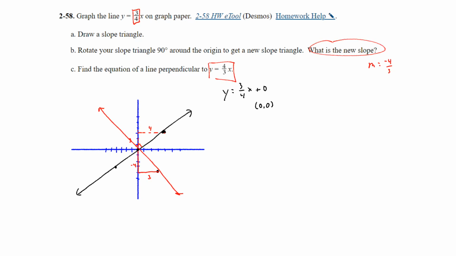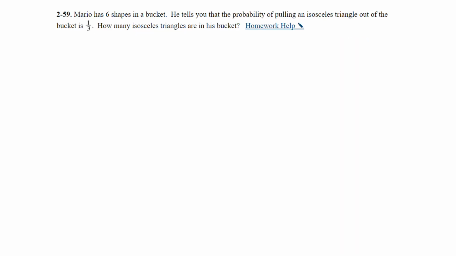Once we rotated it 90 degrees, which was perpendicular, we got negative 4/3. So if we want to find the equation of a line perpendicular to this one, then we know y is equal to opposite reciprocal, and then your b value can be whatever you want it to be. If it's perpendicular, it doesn't matter. It doesn't have to stay at 0, but the slope has to change to its opposite reciprocal.